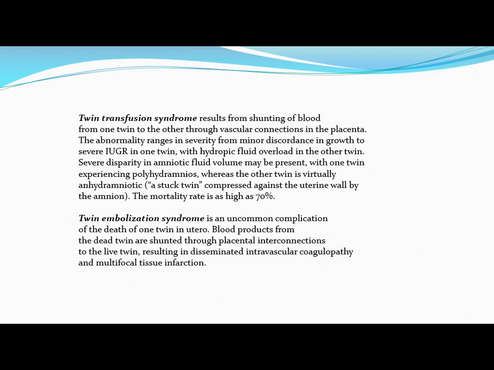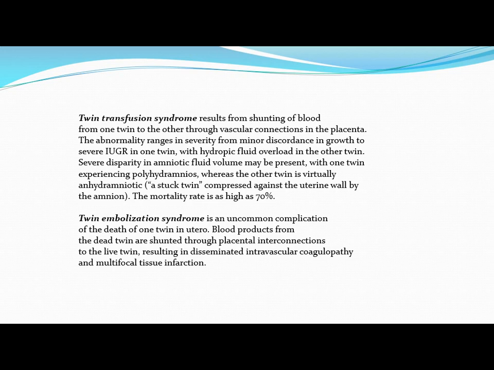The abnormality ranges in severity from minor discordance in growth to severe IUGR in one twin, with hydropic fluid overload in the other twin. Severe disparity in amniotic fluid volume may be present, with one twin experiencing polyhydramnios, whereas the other twin is virtually anhydramniotic, a stuck twin compressed against the uterine wall by the amnion.